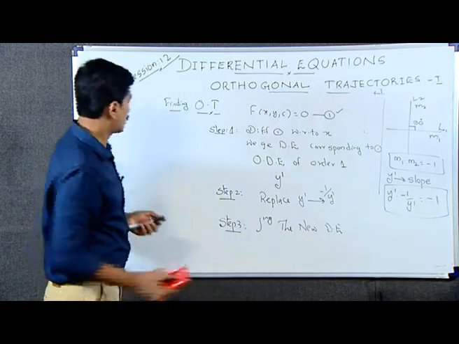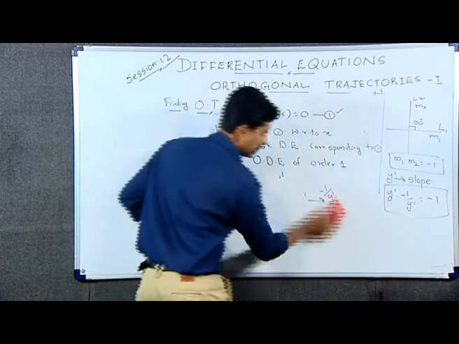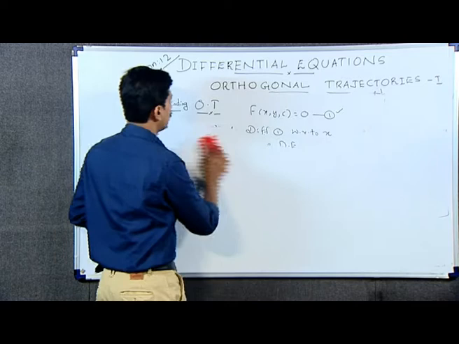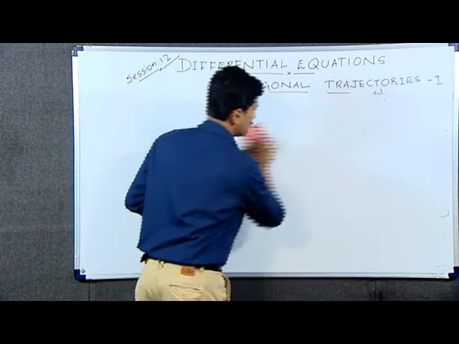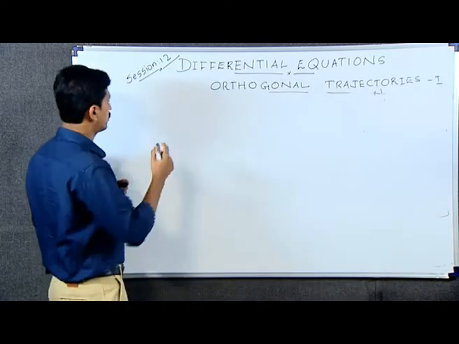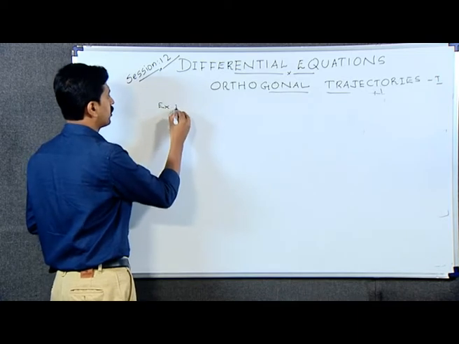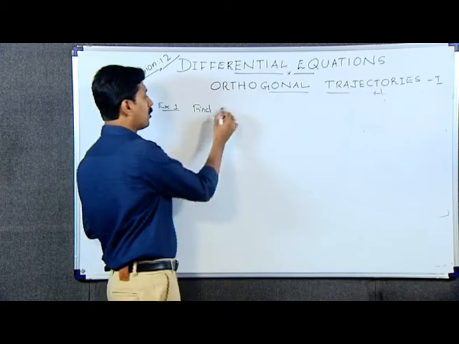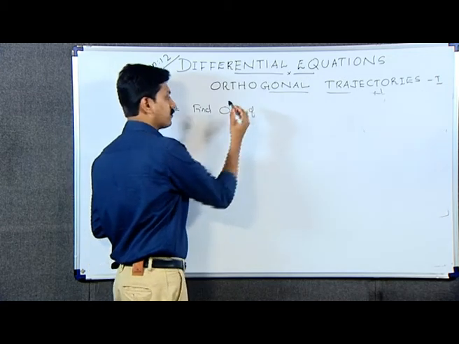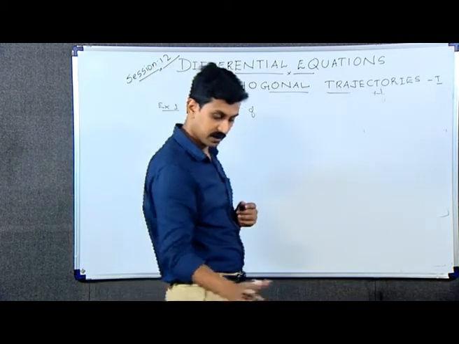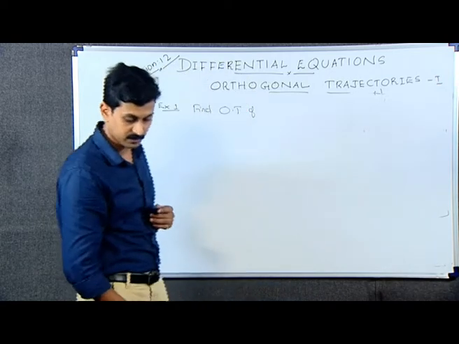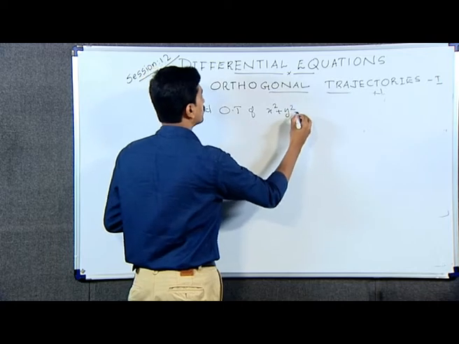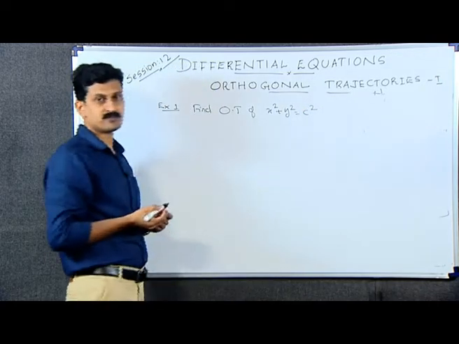So, we can do some examples to explain the orthogonal trajectory. Example 1: find the orthogonal trajectories of the family of curves x square plus y square is equal to c square.